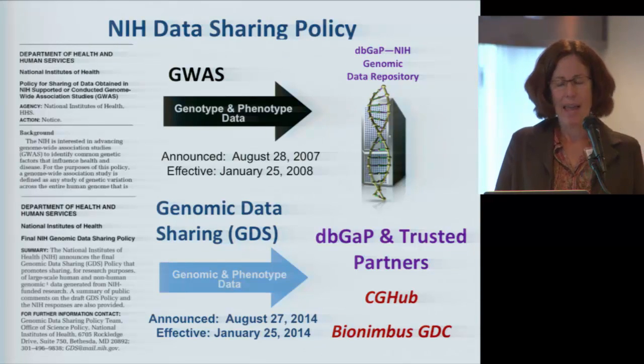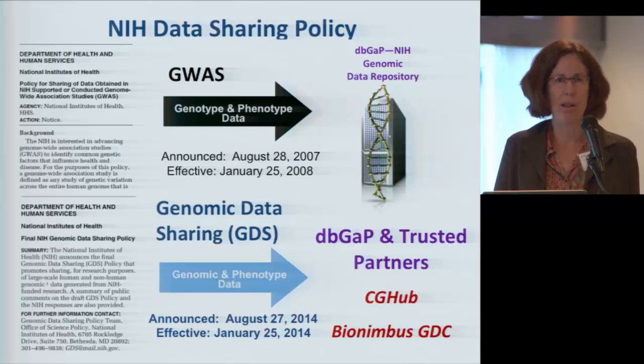Before I tell you about the policy change, which is going to take effect in January and will be called the Genomic Data Sharing Policy, or GDS, I want to tell you about a change in the GWAS policy that's already in place, which is an extension of the dbGaP database to allow other partners to hold this kind of controlled access data that previously was only allowed to be shared through dbGaP.